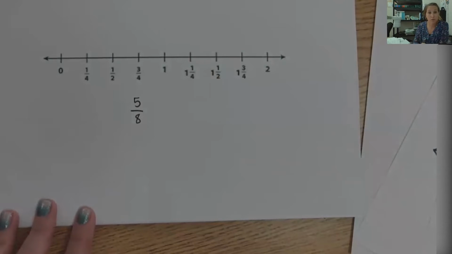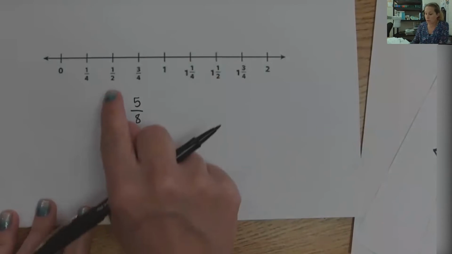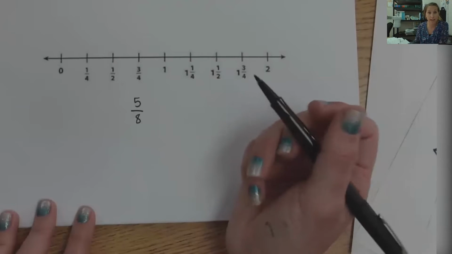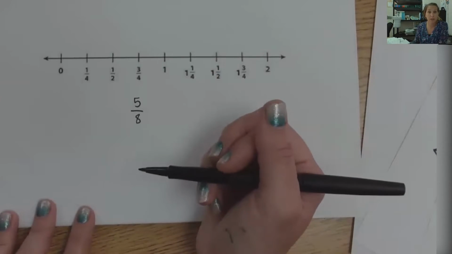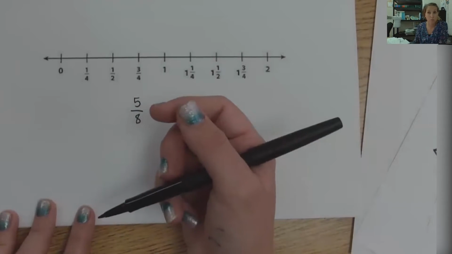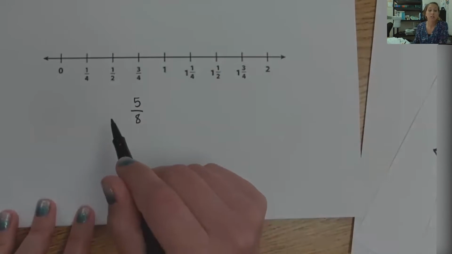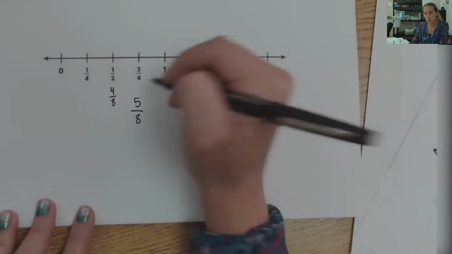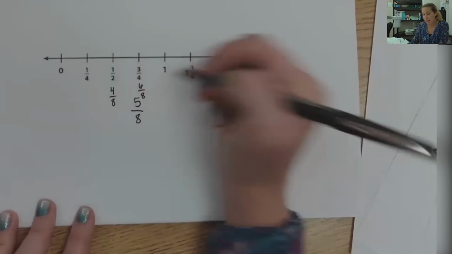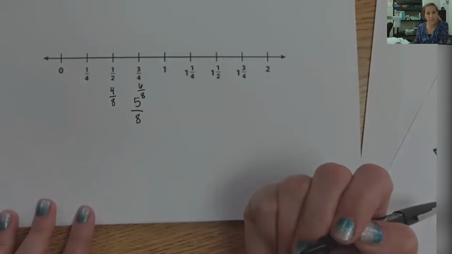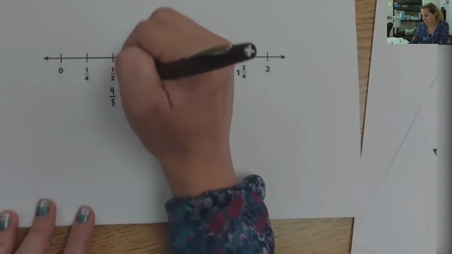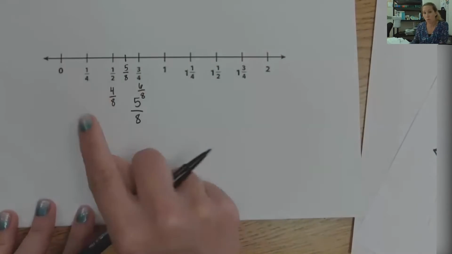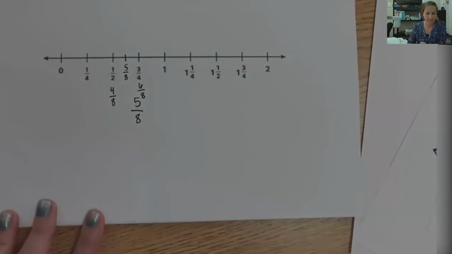Good job. You said 5/8 would be located between 1/2 and 3/4, because we want to represent those in what? Remember, we want to get a common denominator. So 1/2 would be 4/8. 3/4 would be 6/8. So we know 5/8 comes in between 4/8 and 6/8.